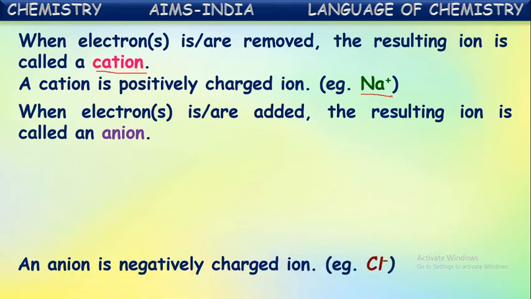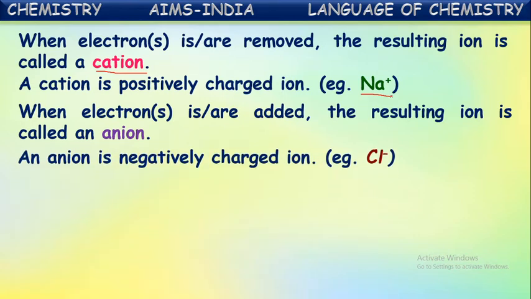Negative ions are called anions. They contain negative charge as they have excess electrons. For example, we have seen chlorine forms Cl minus ion on gaining one electron. So this ion is called an anion. This chloride ion is called an anion, whereas the Na plus ion, sodium ion, is called a cation.